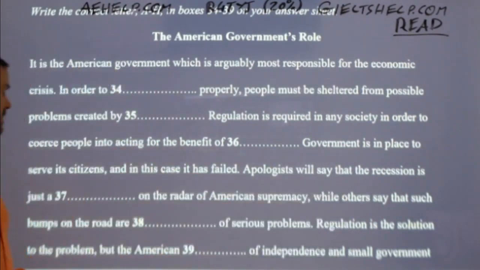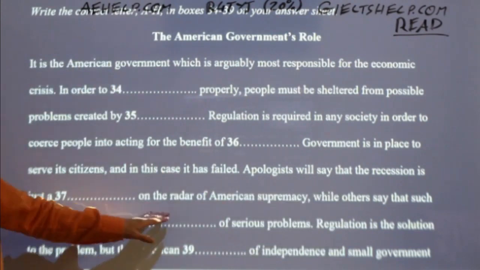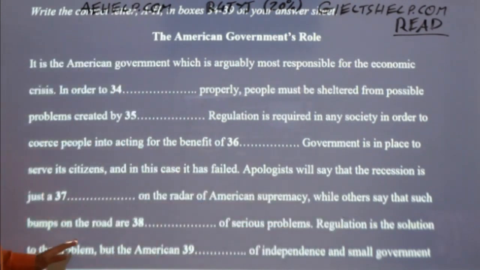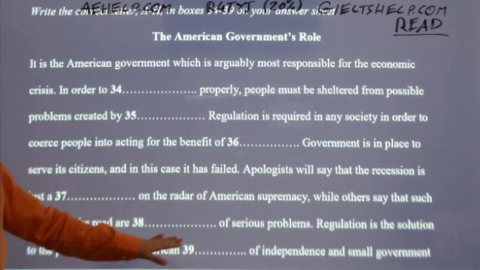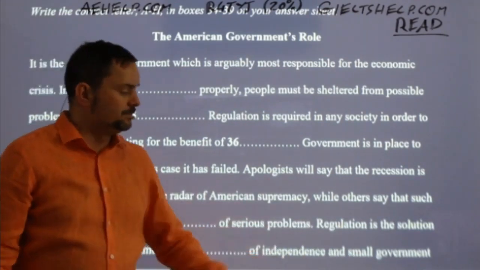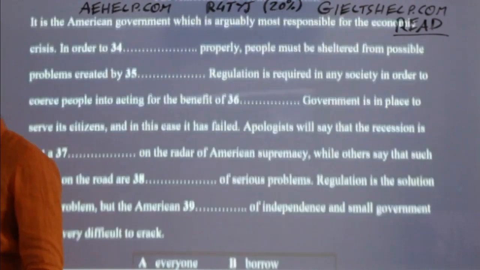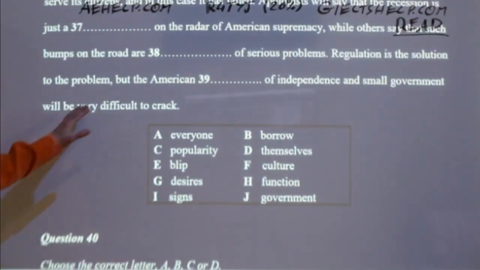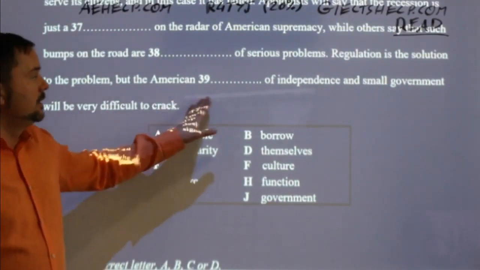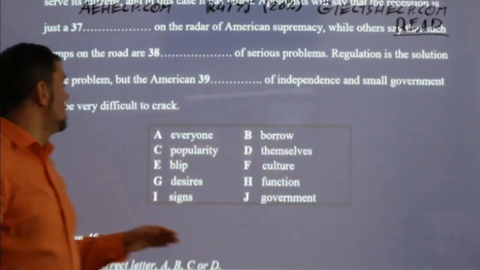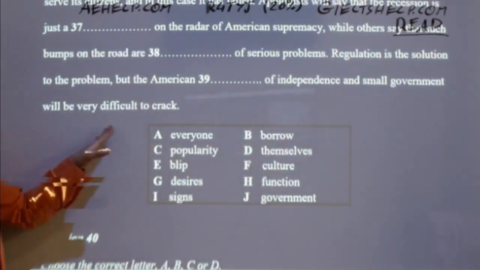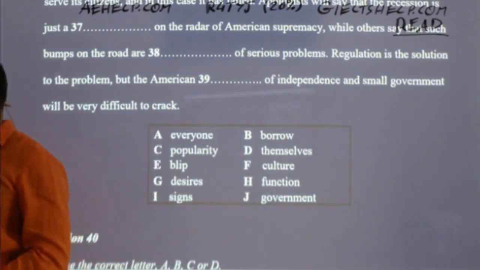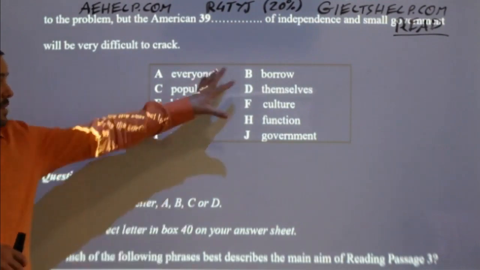Apologists will say that the recession is just on the road of American supremacy, while others say that such bumps on the road are of serious problems. Regulation is the solution to the problem, but the American of independence and small government will be very difficult to crack. Okay. So again, I don't worry about these words.